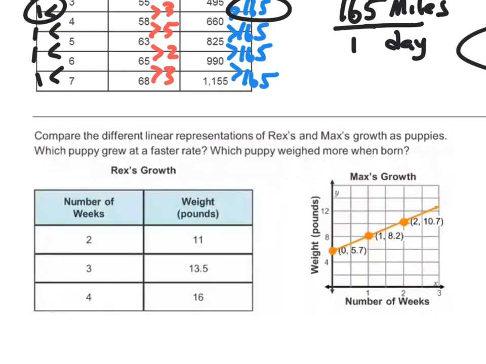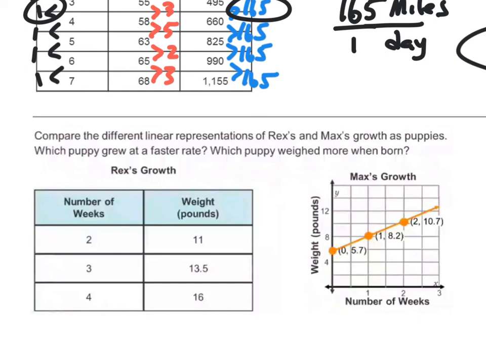All right. Over here it says compare the different linear representations of Rex's and Max's growth as puppies. Okay, which puppy grew at a faster rate? And who doesn't like puppies? We all like puppies. Okay, and then which puppy weighed more when they were born? So on this one, okay, every week, the number of weeks, we can kind of tell who's growing at a faster rate.